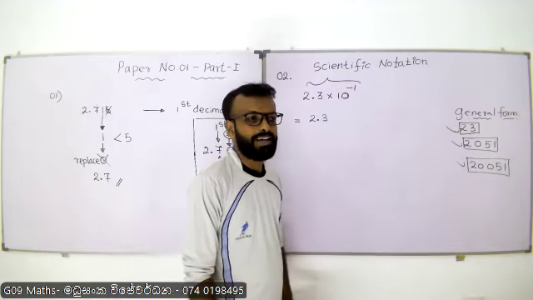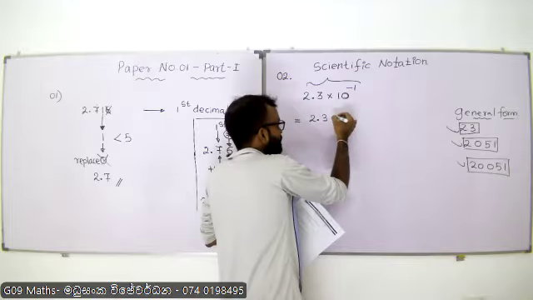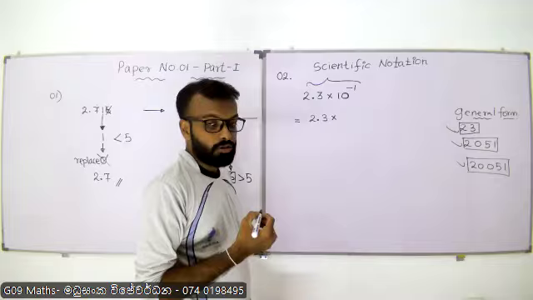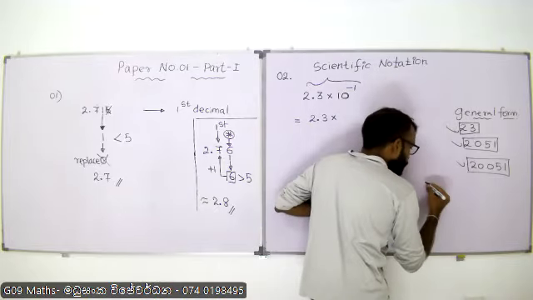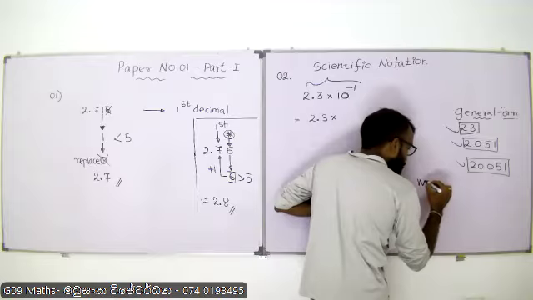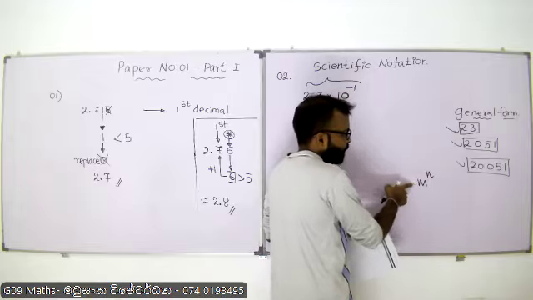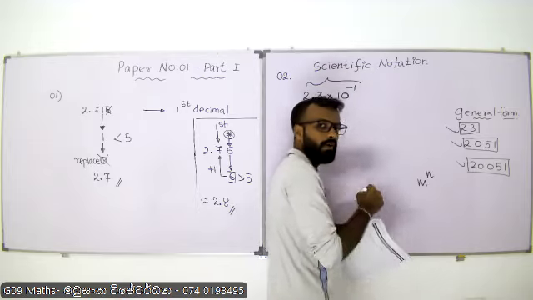There is a law in the laws of indices lesson. It is something like this. If you have m to the power n, m is the base and n is the power.